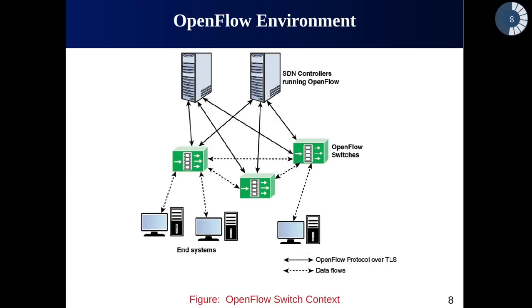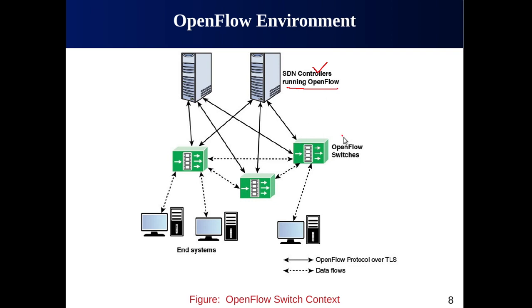Let us see what the OpenFlow environment is like. This figure indicates the main elements of an OpenFlow environment, and you can see it consists of the controller. We have the SDN controllers, and these SDN controllers are running the OpenFlow software. Other software as well, but OpenFlow software is the main component.